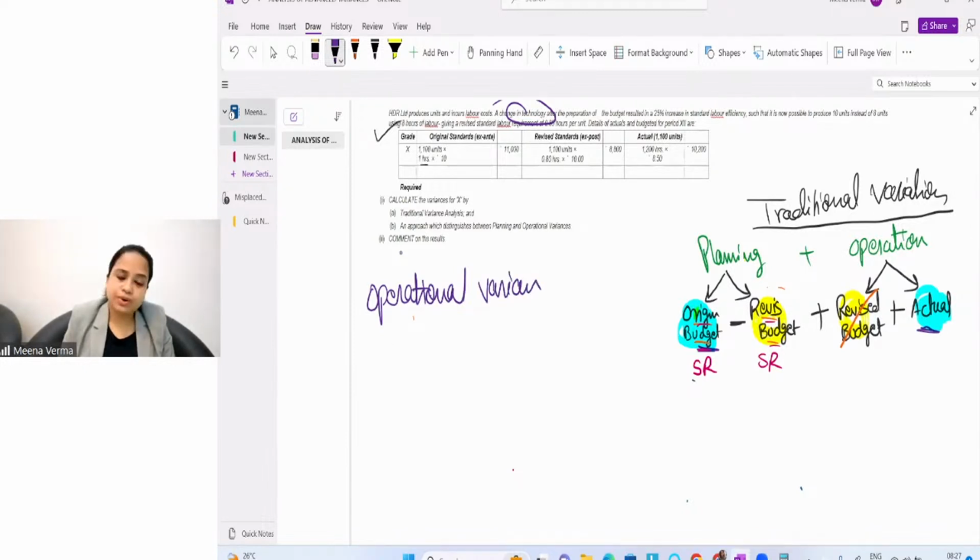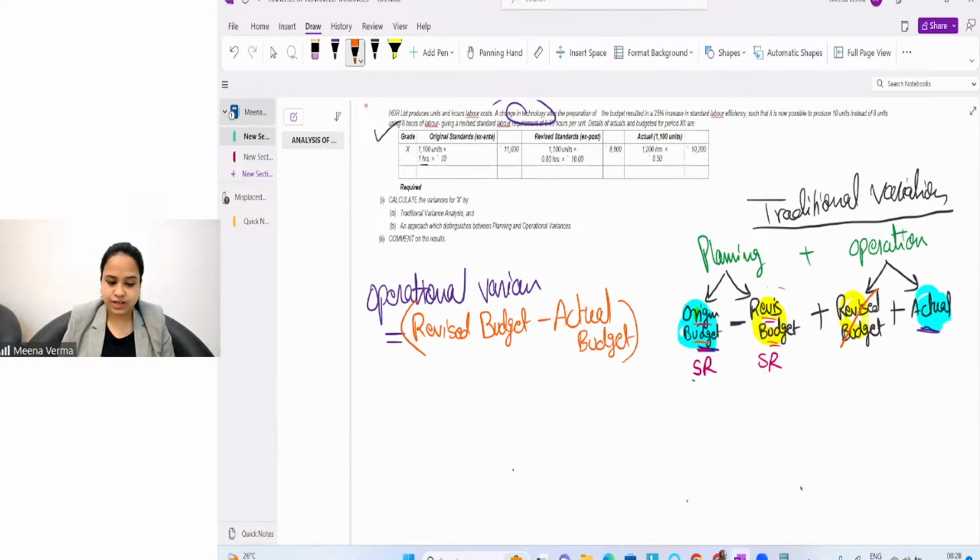So what is operational variation? Revised budget minus actual budget. Right? Revised budget minus actual budget. Operational variation. So now if you're finding operational variation as rate variation and efficiency variation, same. Okay? We will find the efficiency variation and the rate variation.